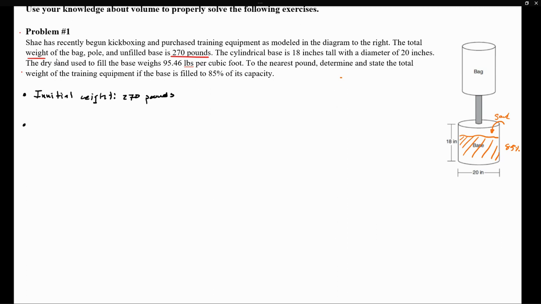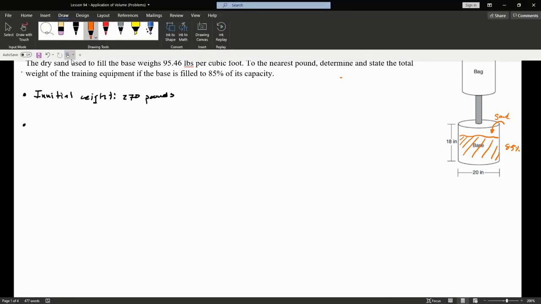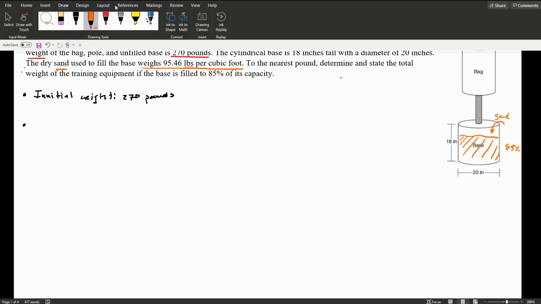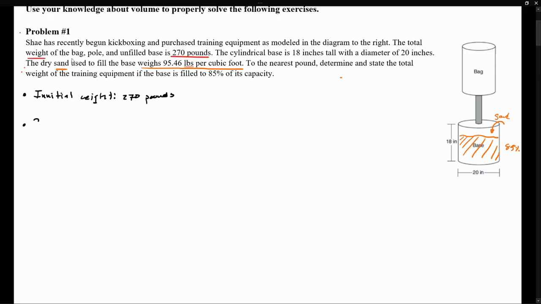In addition to that, we also know that the sand that we're going to be using to fill the base weighs 95.46 pounds per cubic foot. But notice that the base that we're trying to fill is a cylinder. So let's find the volume of the base.